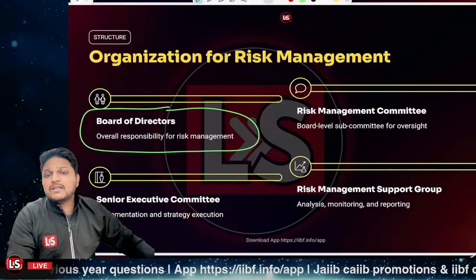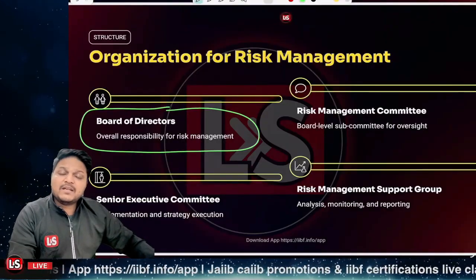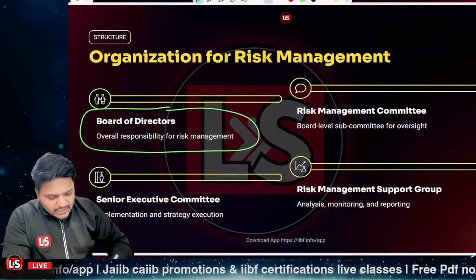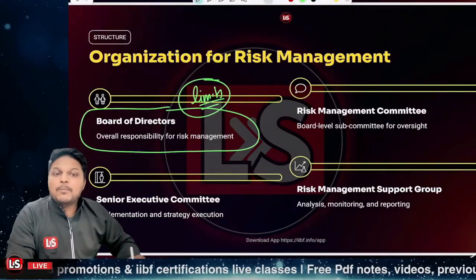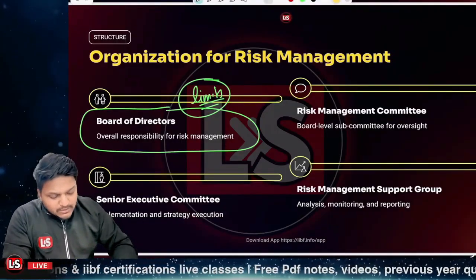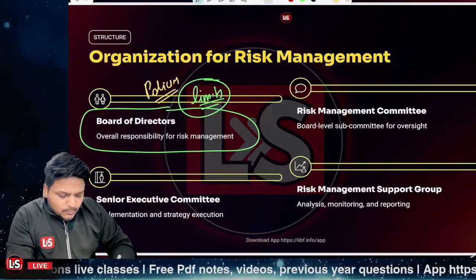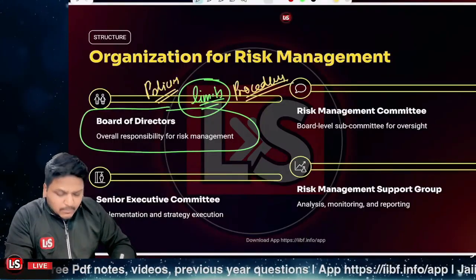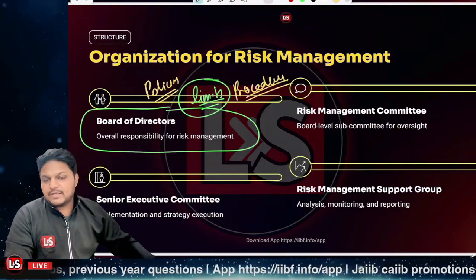So the board of directors will decide the risk management policy and the limits for the various types of risks. Whatsoever limits are set, those are set by the board of directors. Whatsoever policies or procedures are to be taken care of, those are also set up by the board of directors.